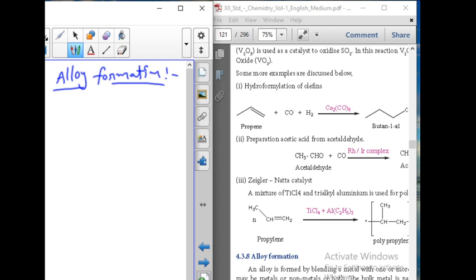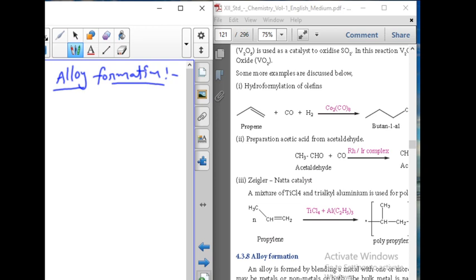So a mixture of two or more metals, or metals with a non-metal, is called an alloy. The main role of forming alloys is to improve the properties of metals like tensile strength, density and rusting property. All these we can avoid by forming an alloy.